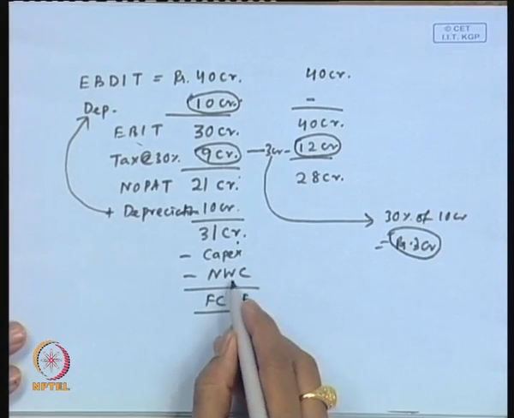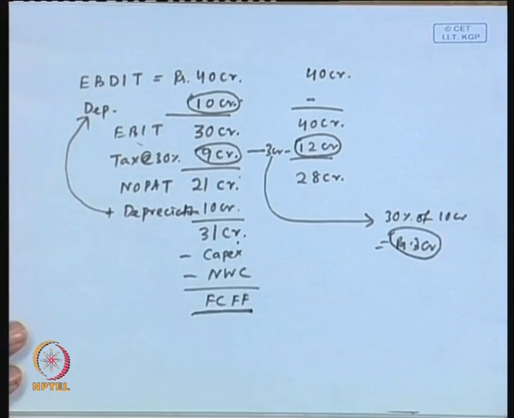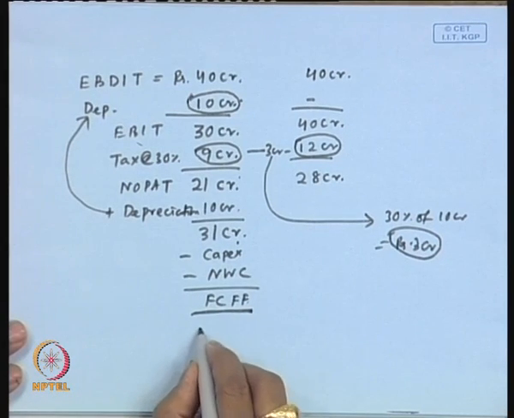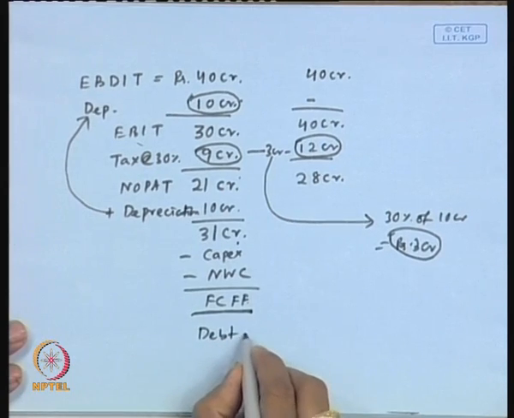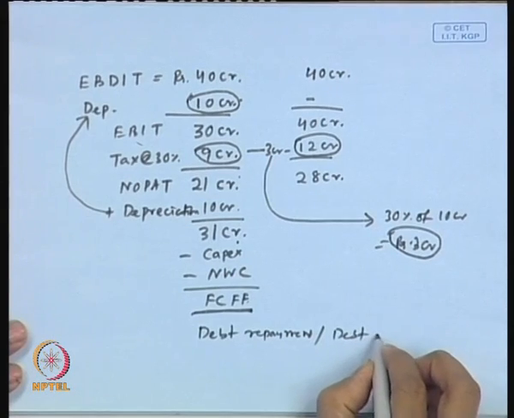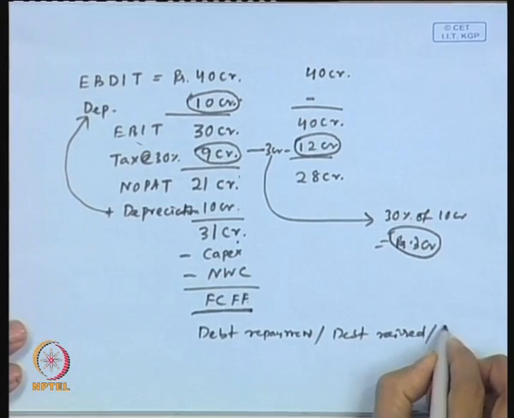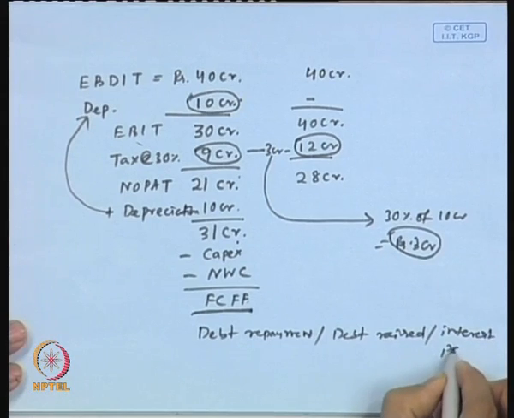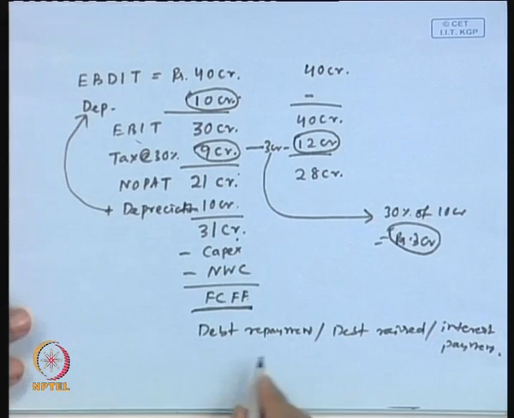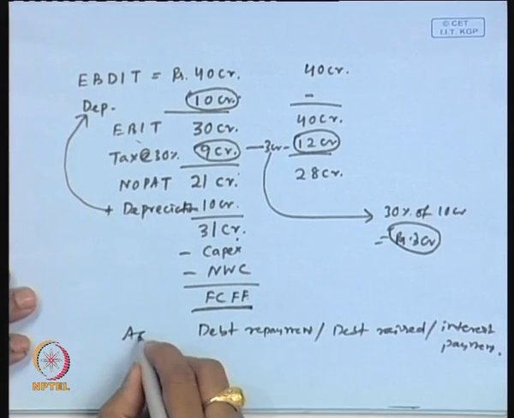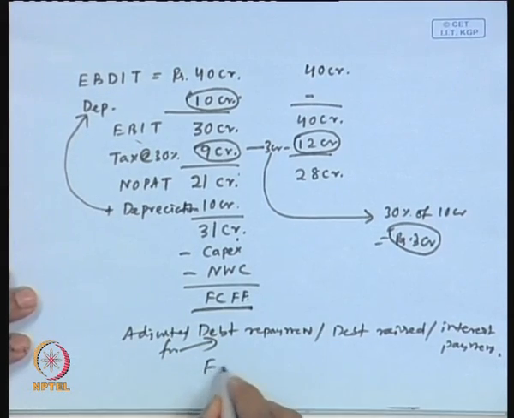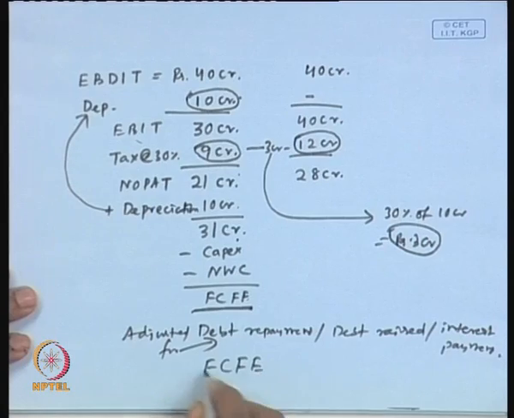Then you take out capex and net working capital, then you get the free cash flow for the firm, and this free cash flow for the firm can be adjusted for debt repayment or debt raised or interest payment or any other non-equity investors' stake. Adjusted for all these factors, that gives us free cash flow for equity.